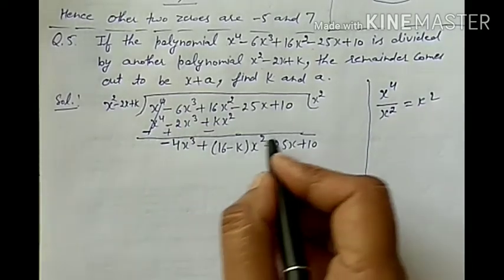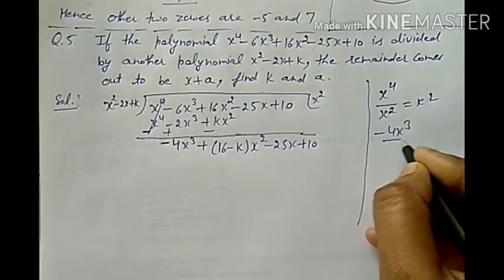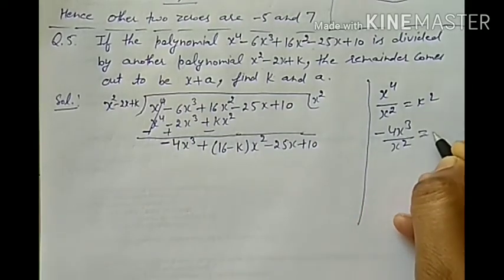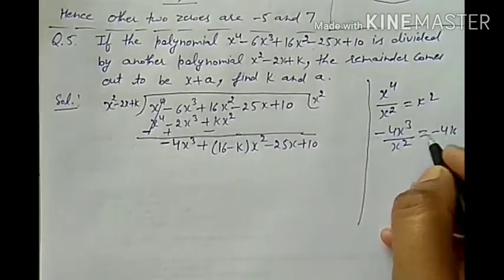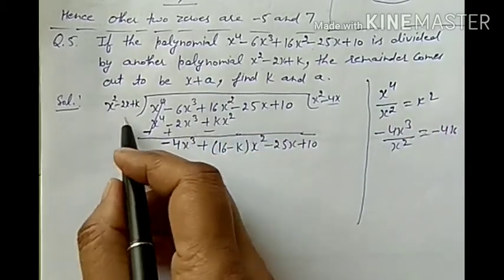For the second term in the quotient, again minus 4x cube divided by x square, we get minus 4x, and we will multiply minus 4x and the divisor.